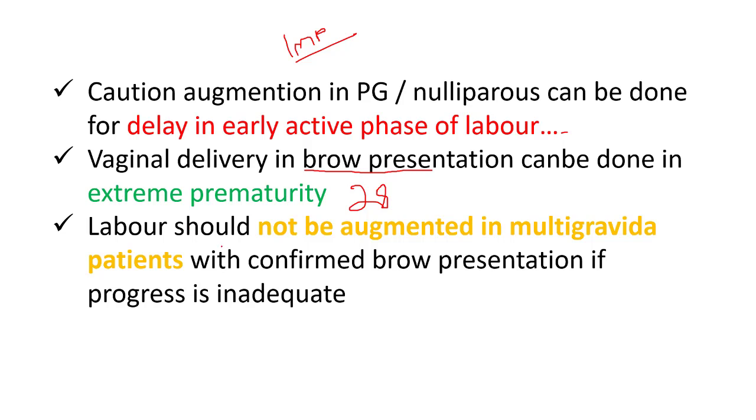And always remember, labor should not be augmented in multigravida patients. If it is confirmed that in multigravida there is a brow presentation, go for cesarean because there can be chances of uterine rupture and cord prolapse. And in multigravida the labor is often neglected, so never ever augment.